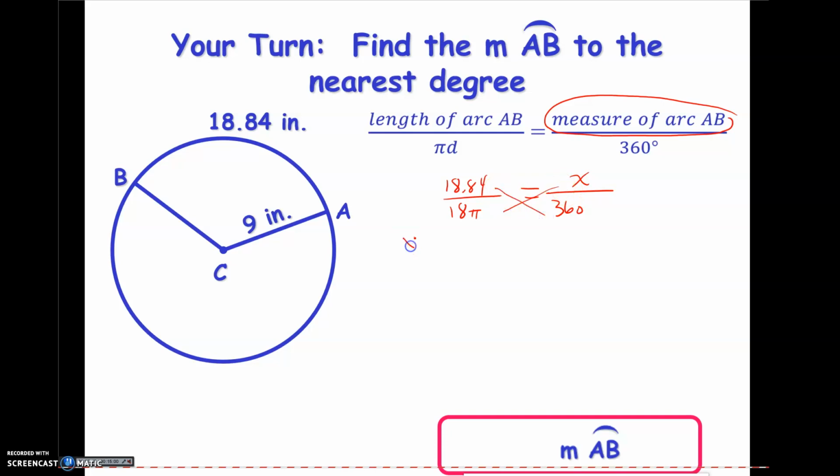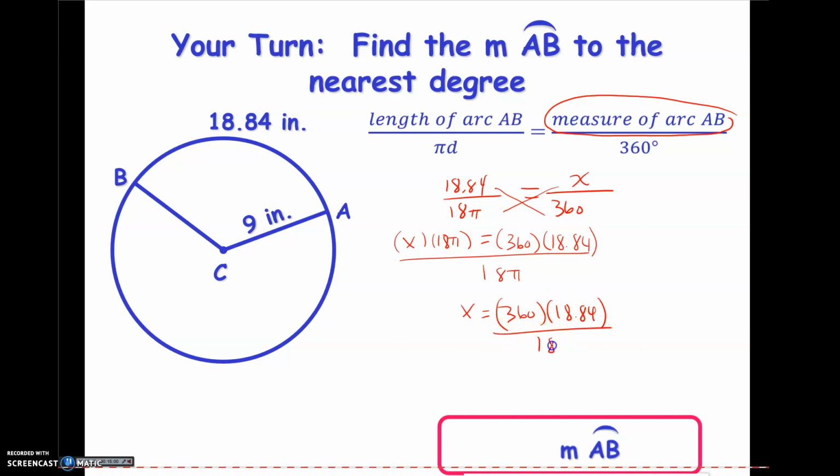So I get x times 18 pi, and that's equal to 360 times 18.84. Dividing both sides by 18 pi, I get x is equal to 360 times 18.84, all divided by 18 pi. So into your calculator, to the nearest degree, you get the measure of arc AB to be approximately 120 degrees.